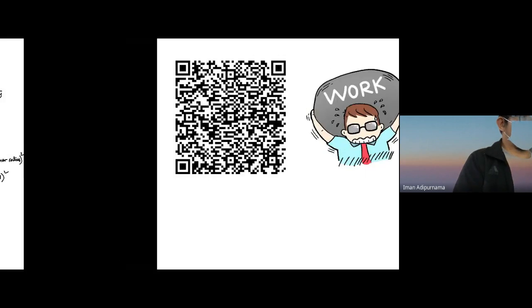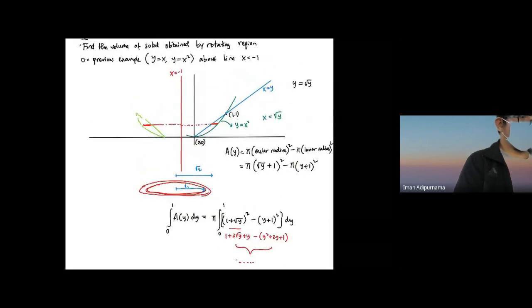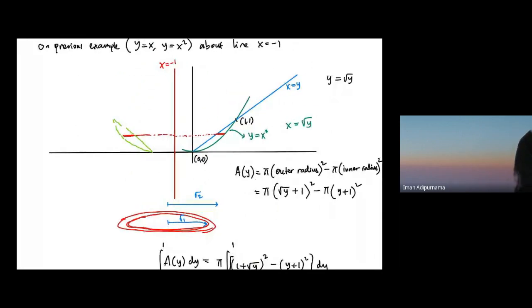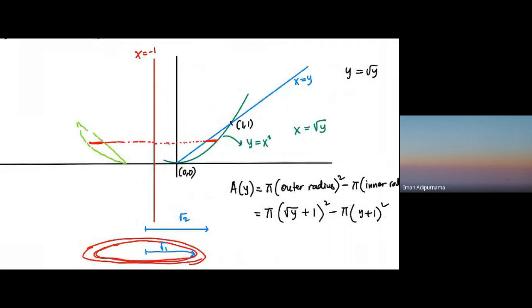Okay, so previously we already studied up until the volumes. When we have this kind of problem, we can approach it with the disk method with a hole inside. We also call this part a washer.